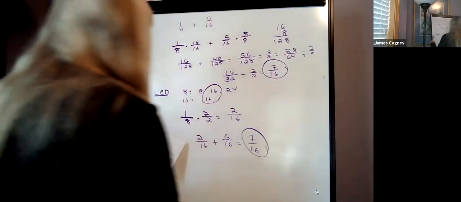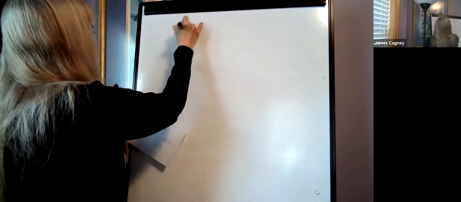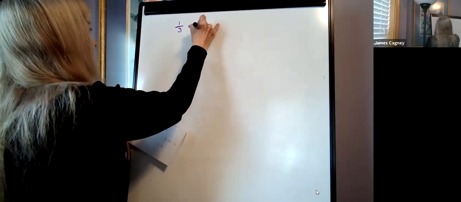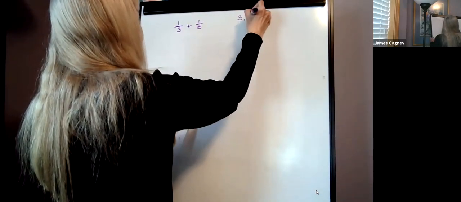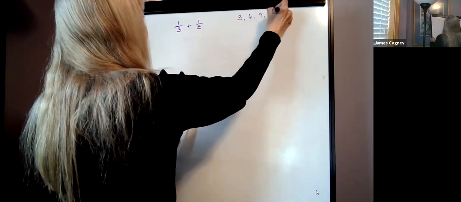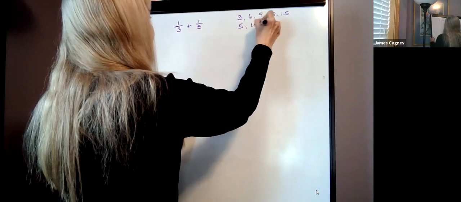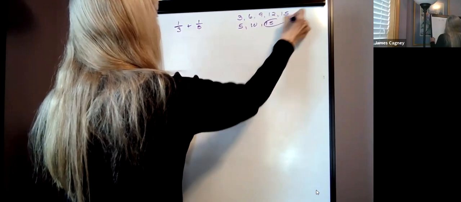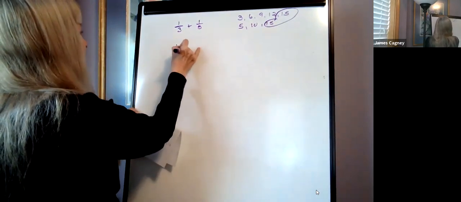So, first one we had was 1/3 plus 1/5. I know that for 3, I would have 3, 6, 9, 12, 15. For 5, I have 5, 10, and 15. So the least common denominator, lowest common denominator is going to be 15.